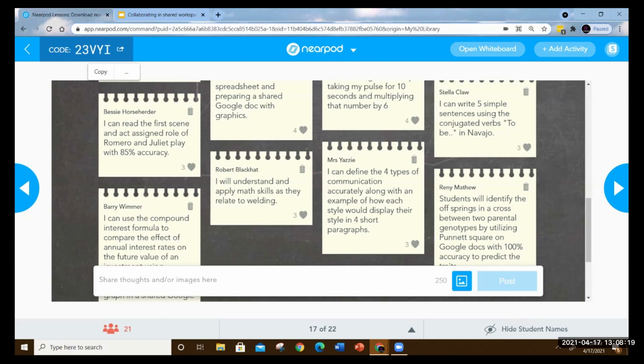You want them to be able to write an example of how each style is portrayed in 4 short paragraphs. Like, you want to say 1 paragraph per style, right? So I can define the 4 types of communication by writing an example of each using 4 short paragraphs, perhaps, something like that.